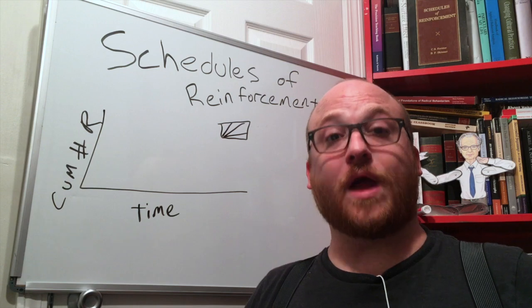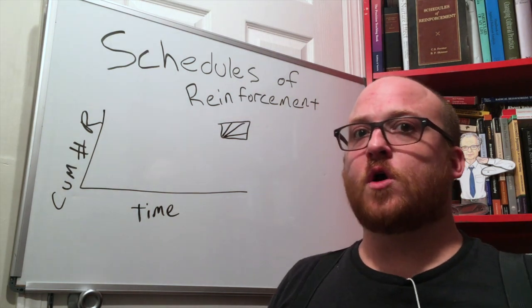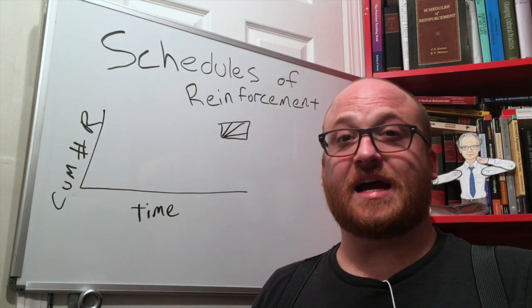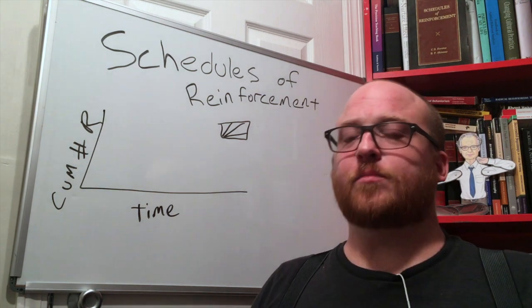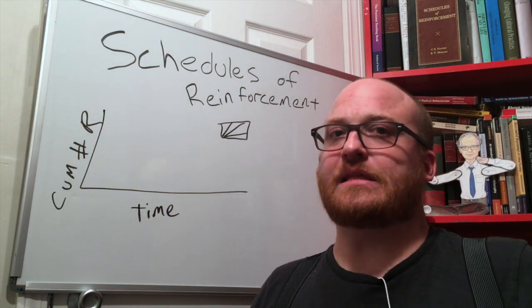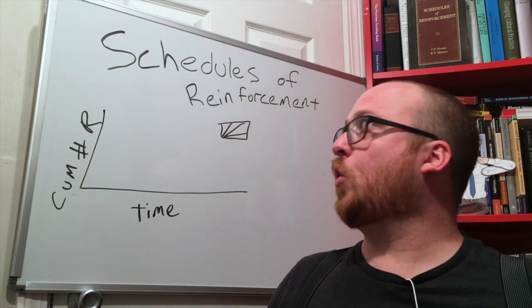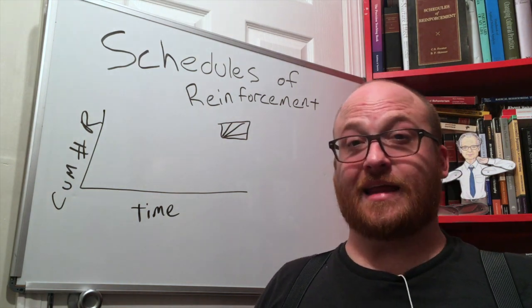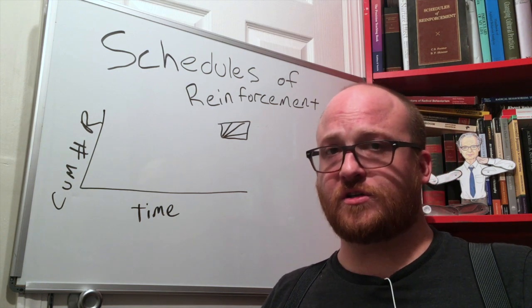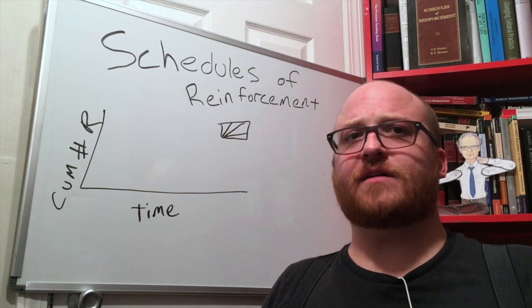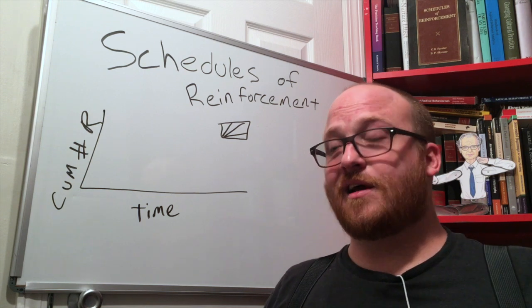On the cumulative record, a VR schedule looks very similar to a VI schedule. In fact, you wouldn't really be able to tell the difference by simply looking at the slope or the design of the graph.